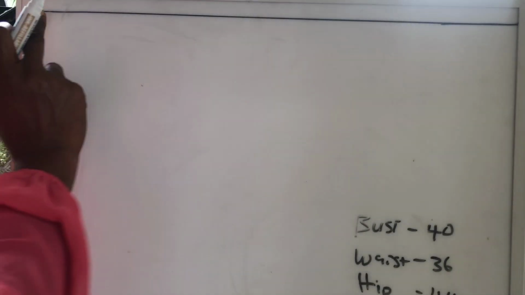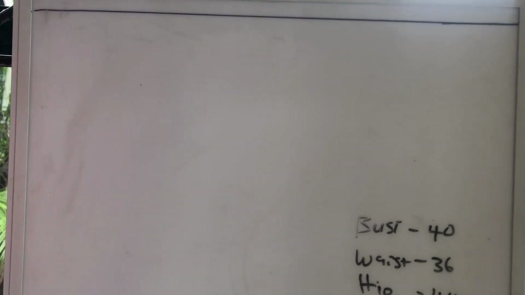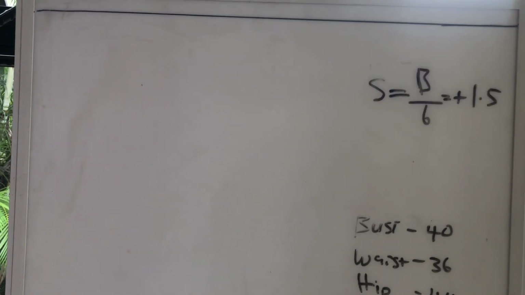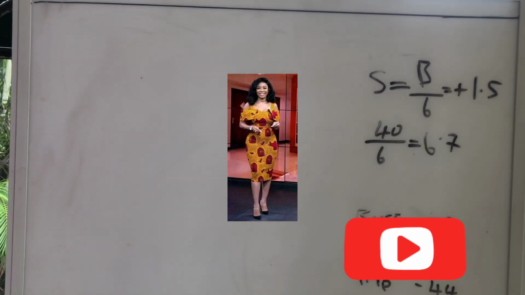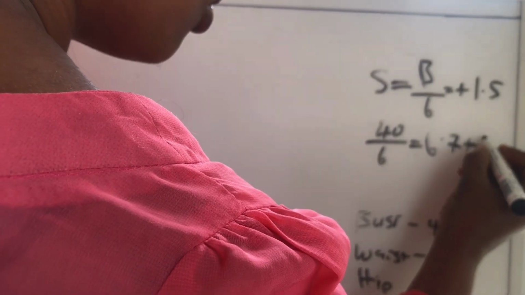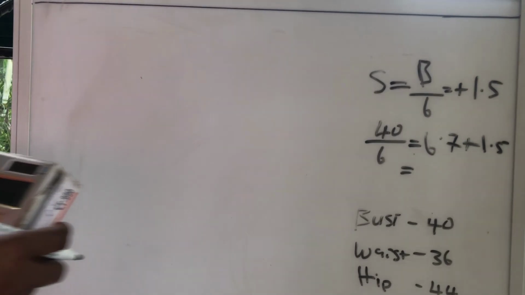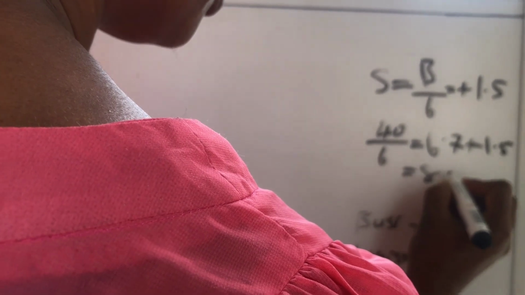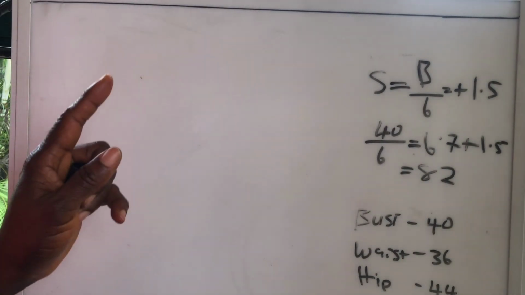Okay, so we start from the shoulder. Remember, this person did not give you a shoulder measurement. How do I get the shoulder measurement? Shoulder is bust divided by 6 plus 1.5, which is equal to 8.2.